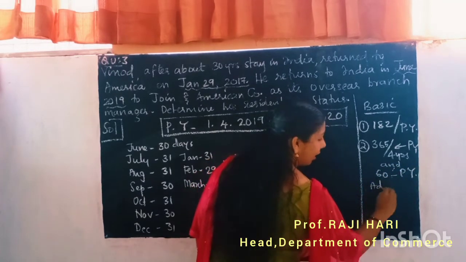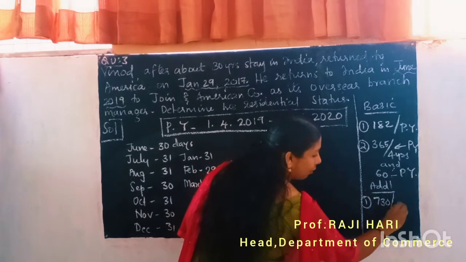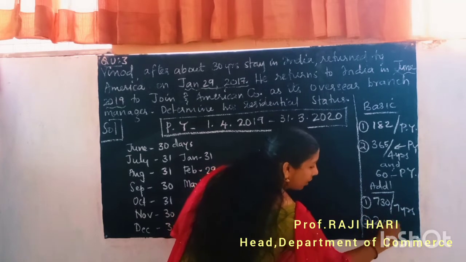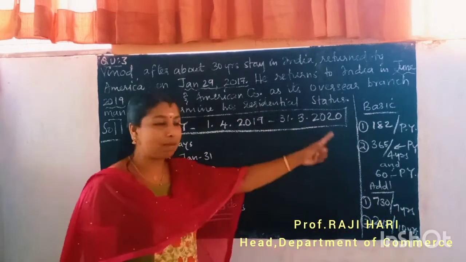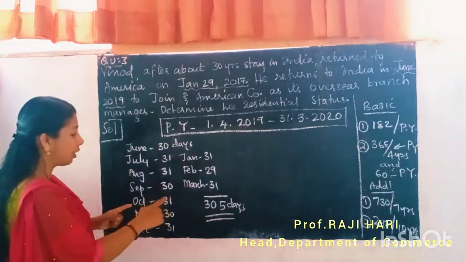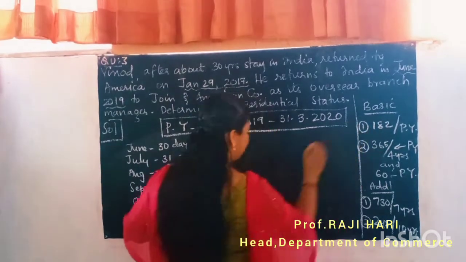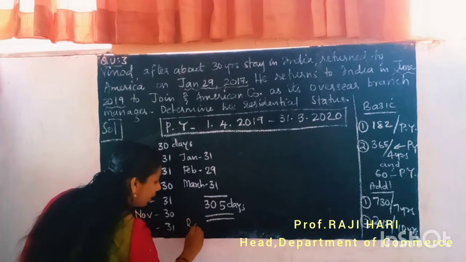Then additional conditions, 730 days out of 7 years. Second one, 2 years out of 10 years he was a resident. These are the basic and additional conditions. So he satisfies the first basic condition, at least 182 days. He was in India for 305. So he is resident.